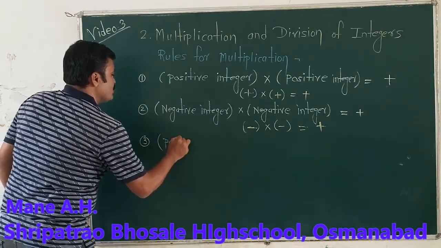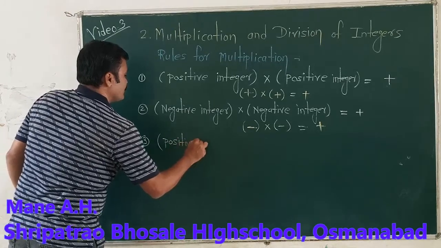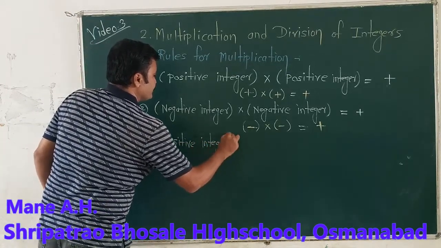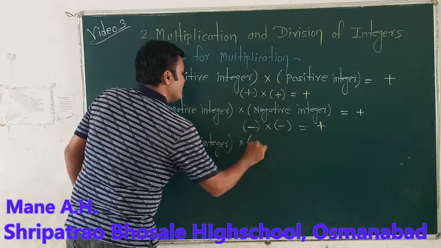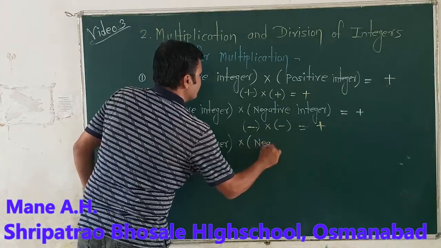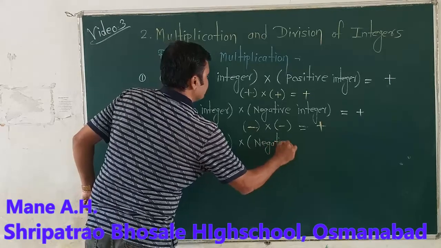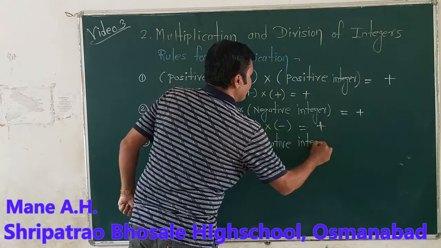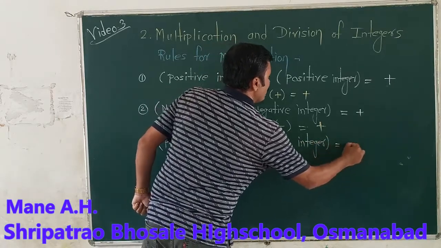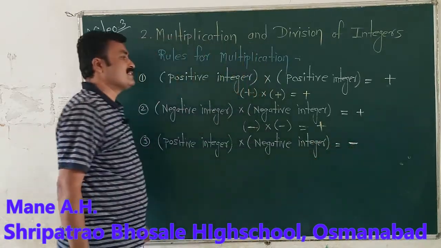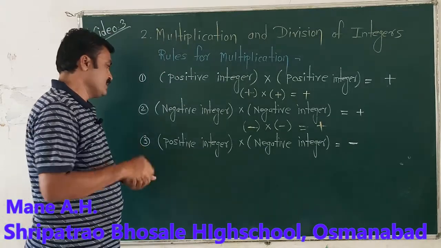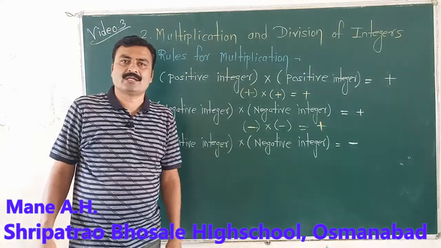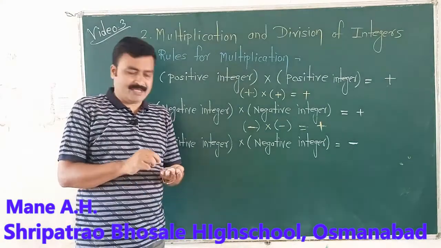Thereafter, third rule that here I am stating in this way. Positive integer into negative integer is equal to, it is always a negative integer. That means the product of one positive and one negative integer is always a negative integer.